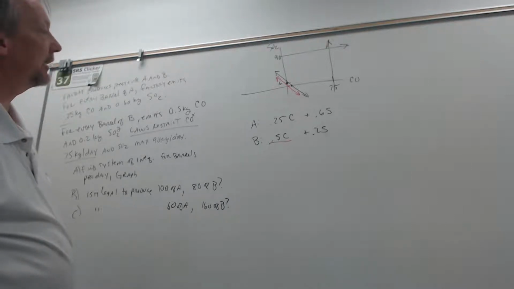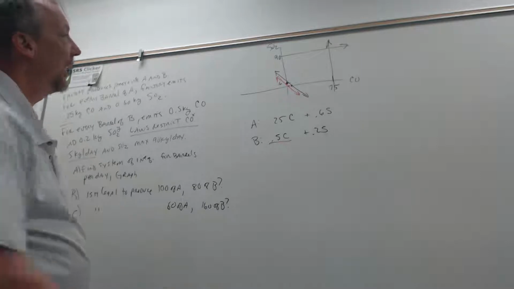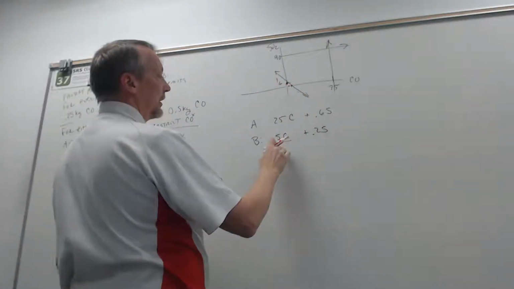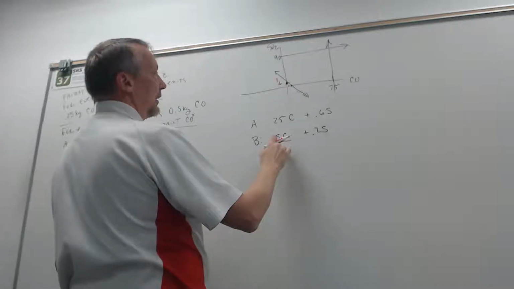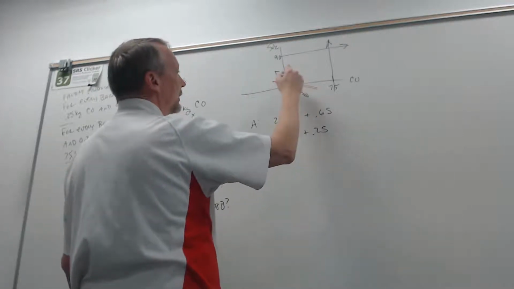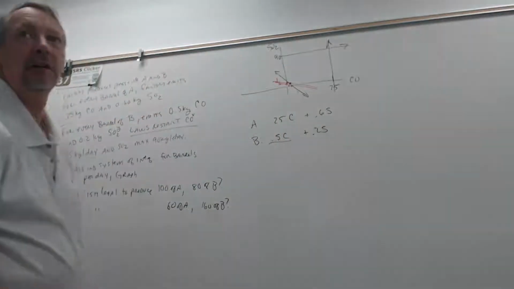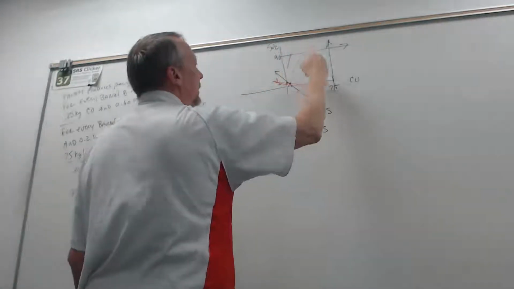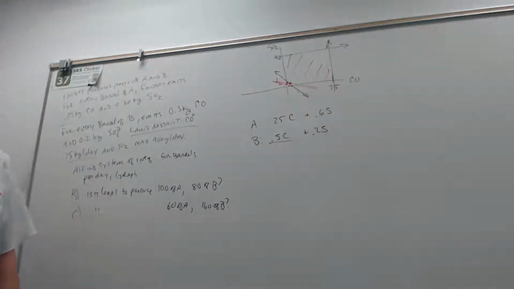Oh wait, did I draw that wrong? I think I did. It's going to look something like this. It's going to cross somewhere here, but the idea is we can produce all this up to here. So how much can we produce of each?